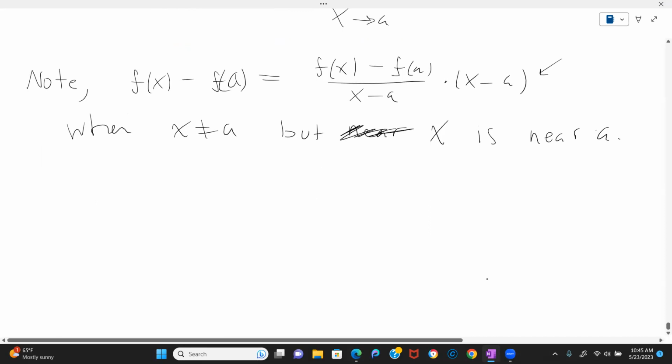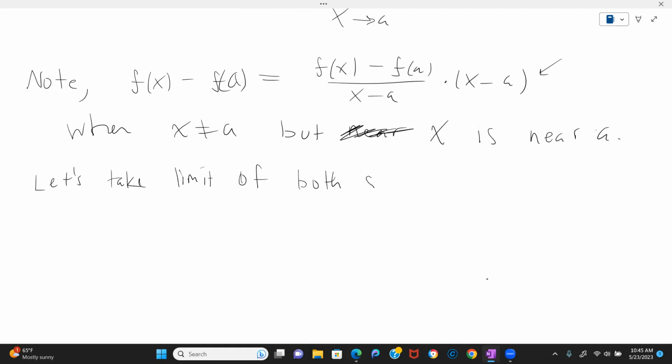So now let's take the limit of both sides. We're going to have the limit as x goes to a of f of x minus f of a, and that's going to be equal to the limit.